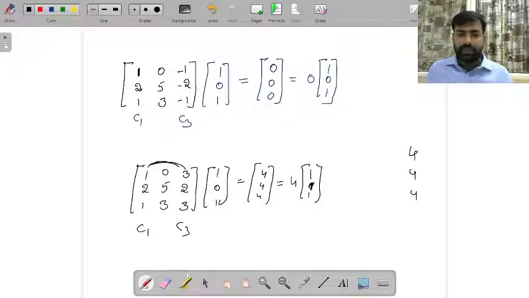Okay. So when the sum is 0, or when one column is a constant multiple of the other column, then you can say that 0 is always an eigenvalue, and you can find the corresponding eigenvector.